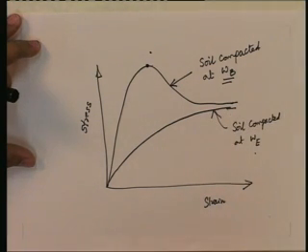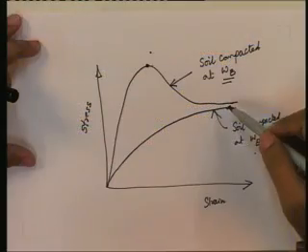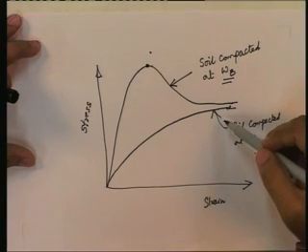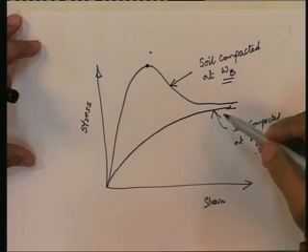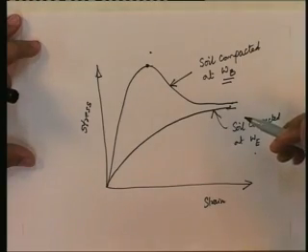So, at high strains, soil samples from B and E will have essentially the same particle arrangement and will thus exhibit about the same strength. Similar to compressibility at high applied stresses, because both soils have the same structure, they exhibit the same strength.